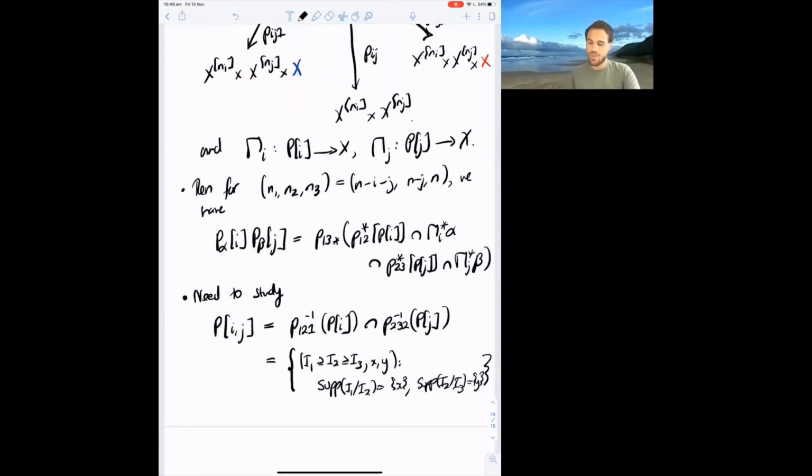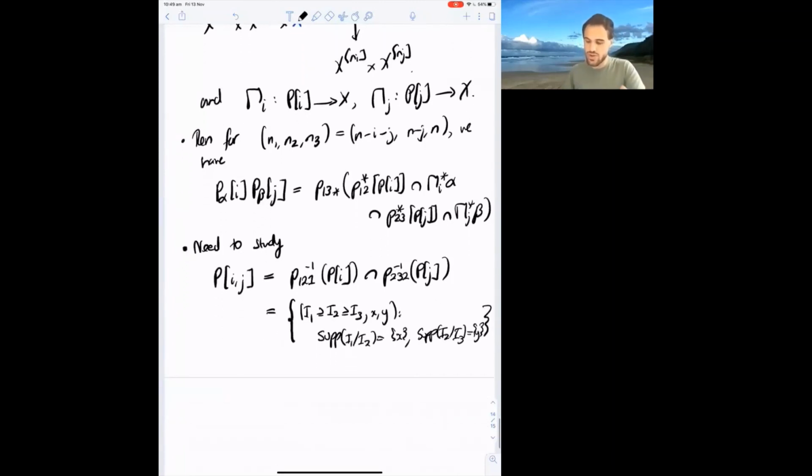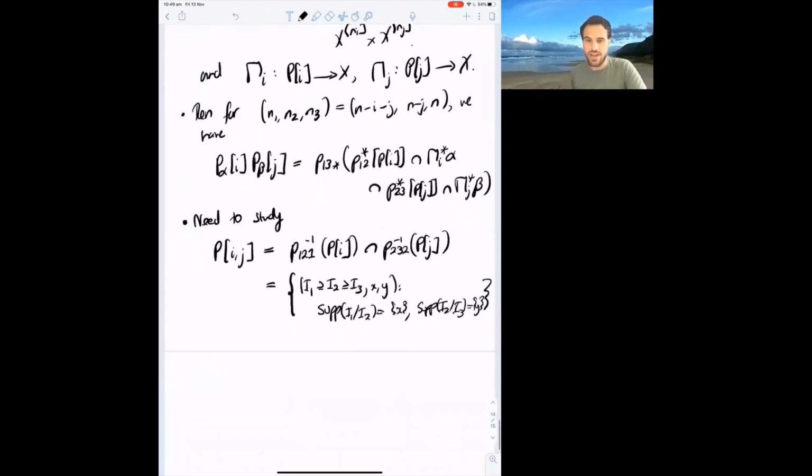And then there are 2 cases that appear here. You have the nice case where X and Y are different, and then you have the case where X and Y are the same, which is sort of, I guess, singular and of smaller dimension.